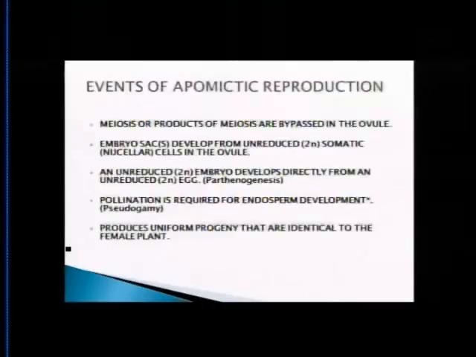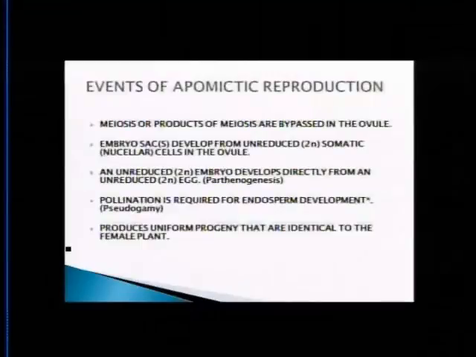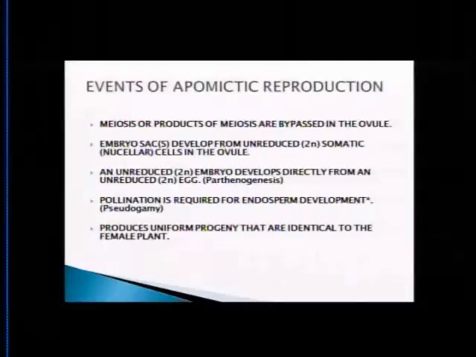Some of the effects of apomictic reproduction: meiosis in the developing of the embryo sac, meiosis or products of meiosis are bypassed in the ovule. The embryo sacs develop from unreduced 2N somatic nucellar cells in the ovule.